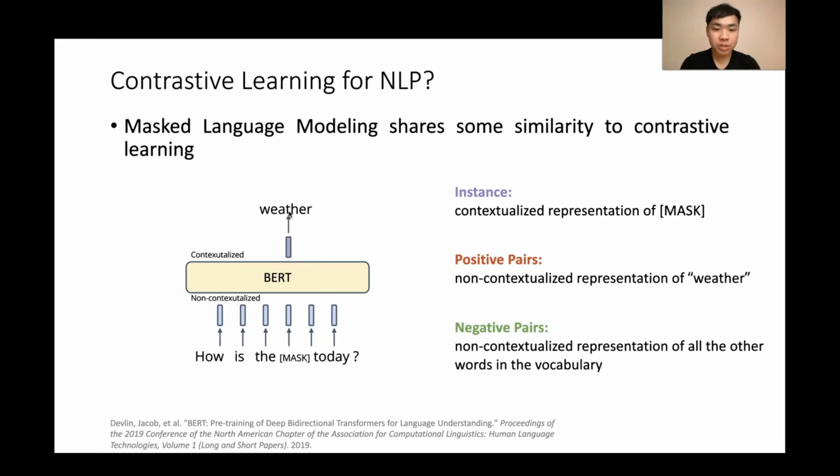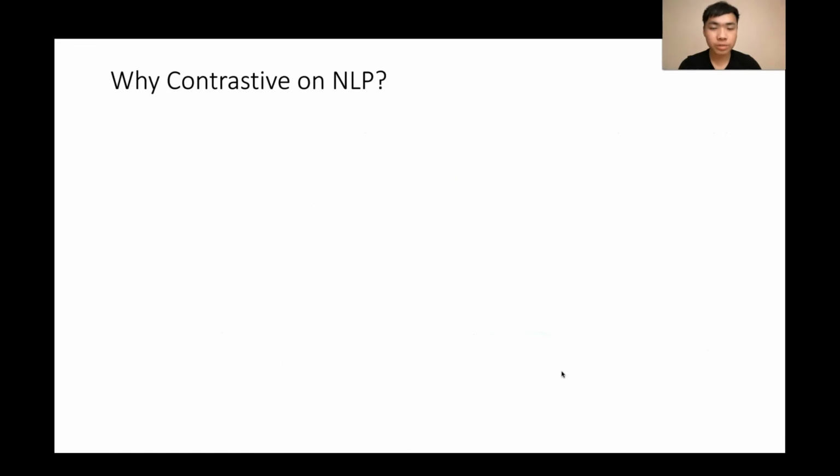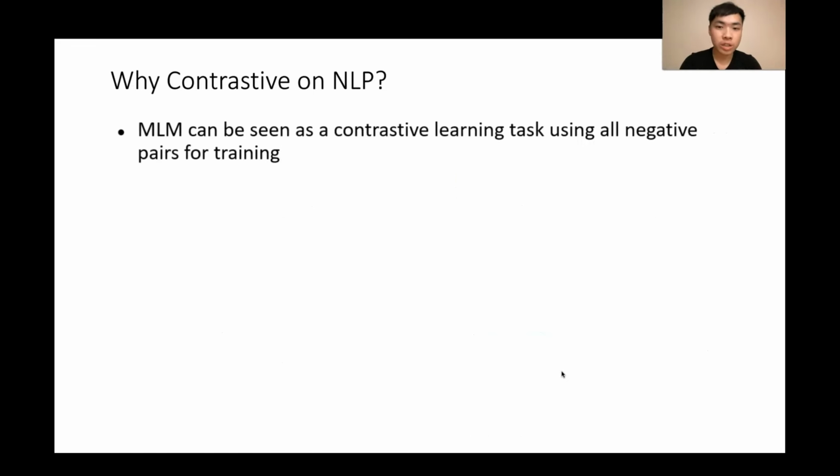For negative pairs, for our prediction task, we need to make the contextual representation of the mask dissimilar to the non-contextual representations of all the other words in the vocabulary. So actually, we also have negative pairs. Basically, training an MLM model is kind of similar to training a contrastive learning task.